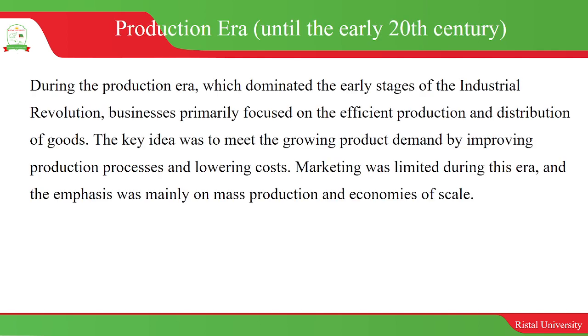So during the Industrial Revolution, major businesses concentrated more on producing more and more goods with few resources. So you get more output out of the input, that is efficiency. So the emphasis was on producing products with the highest level of efficiency and also distributing them to where the consumers can get these goods from.